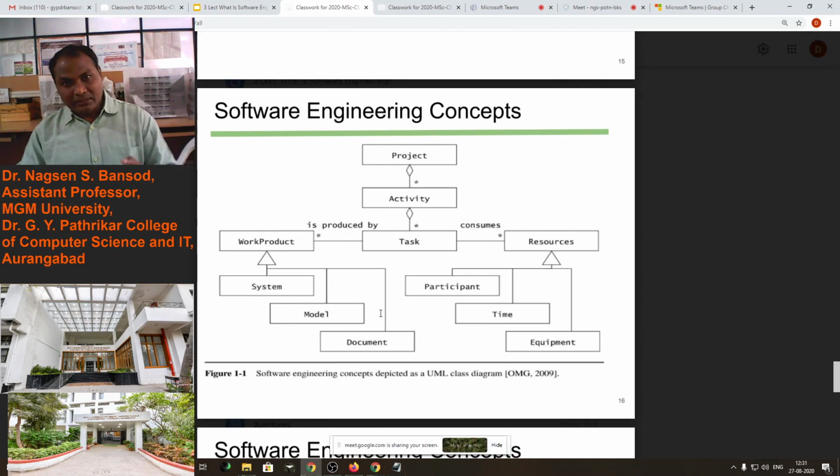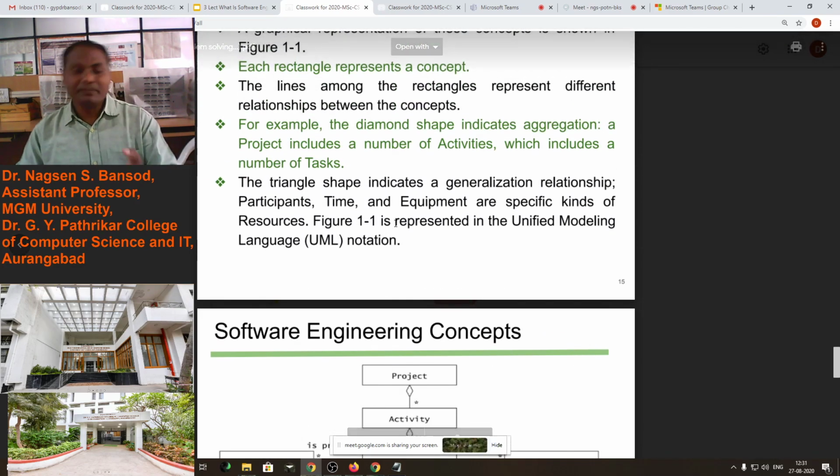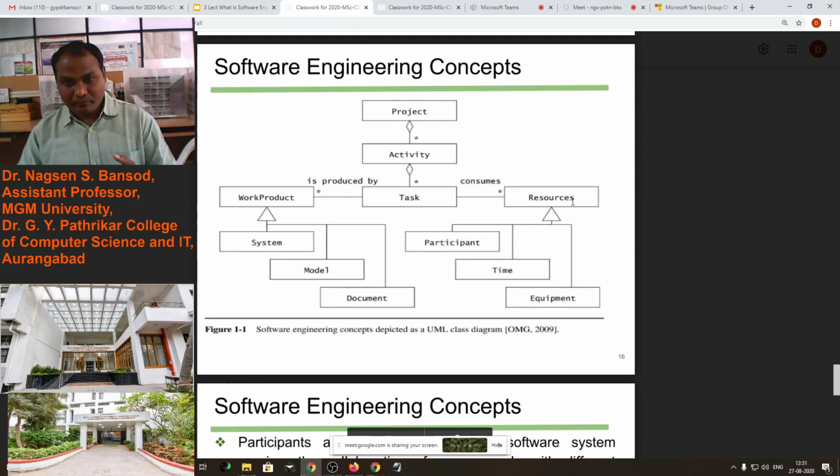And then, to whom a particular concept is associated, to that you create a triangle like this. Resources: whatever the resources in a software company are, we write below these. These are the different concepts.